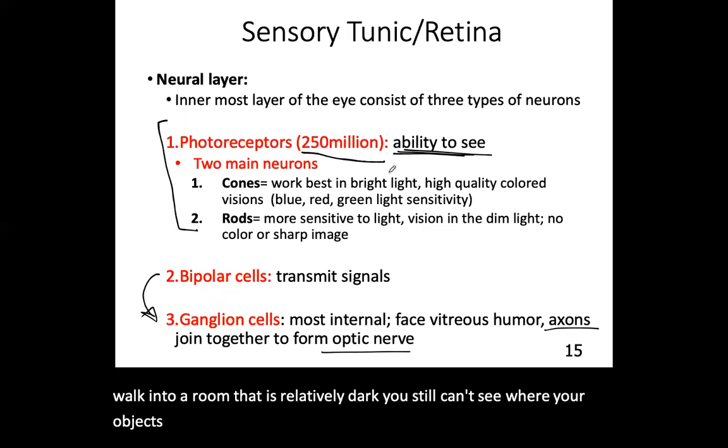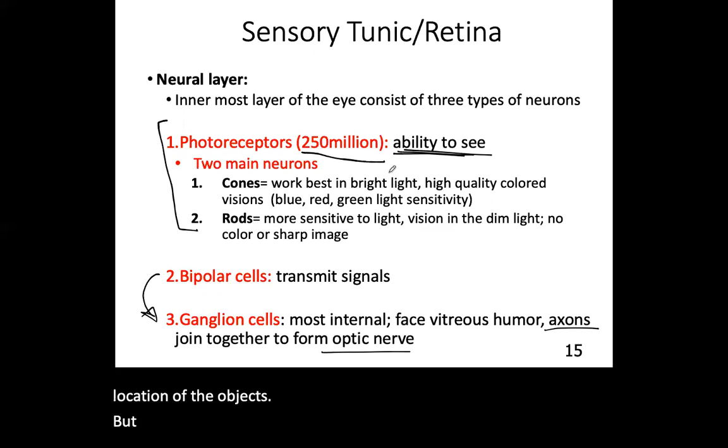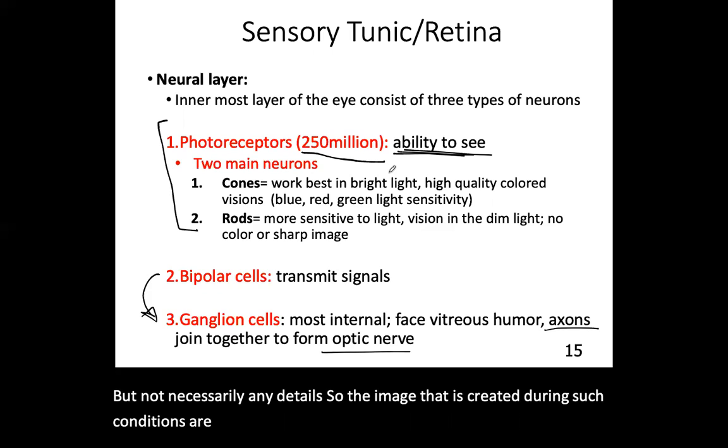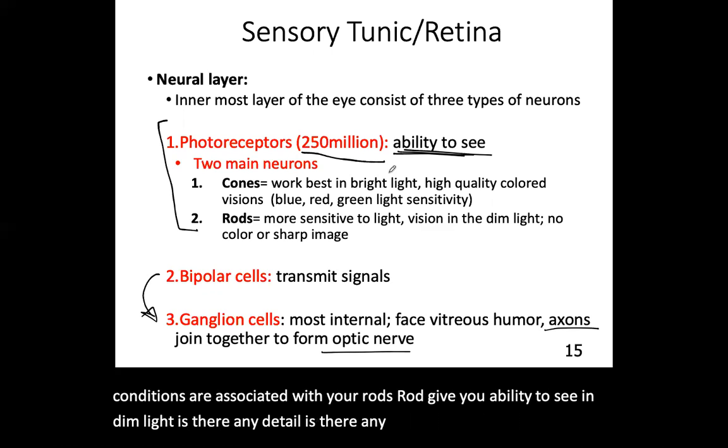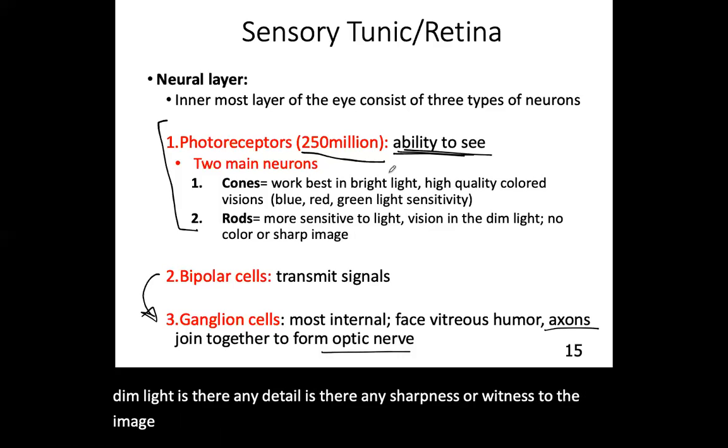You can see shades of gray, highlighting the location of the objects, but not necessarily any details. The image created during such conditions is associated with your rods. Rods give you the ability to see in dim light. Is there any detail, any sharpness or vividness to the image created? The answer is no.